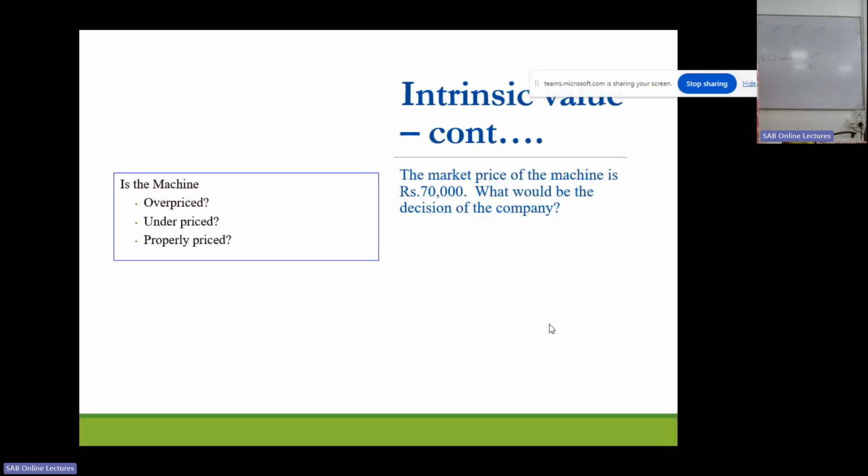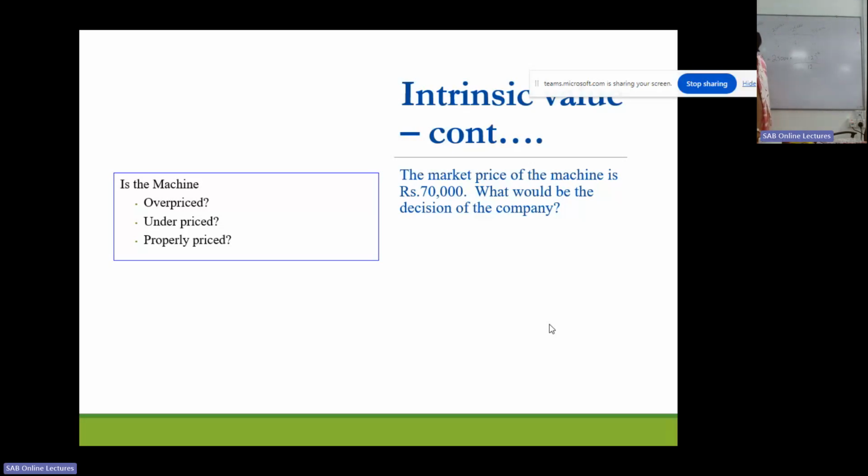Underpriced. Against the 75,000 intrinsic value, the market is underpriced, so you can buy. Buying is a rational decision. Fair price means if you can purchase the machine for the same as the intrinsic value.